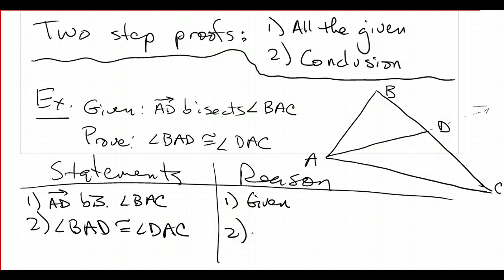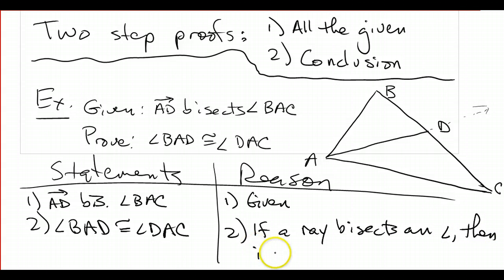And my reason: if a ray bisects an angle, then it divides, notice my abbreviations here, I'll do that a lot, the angle into two congruent angles.